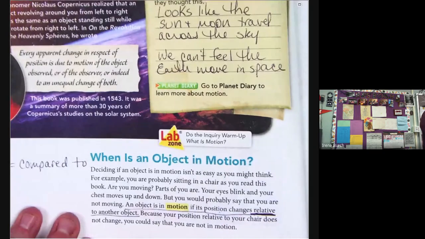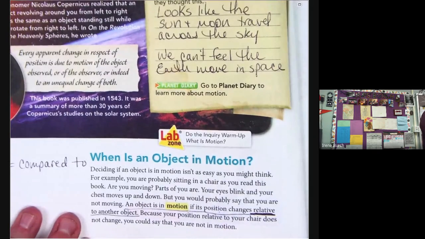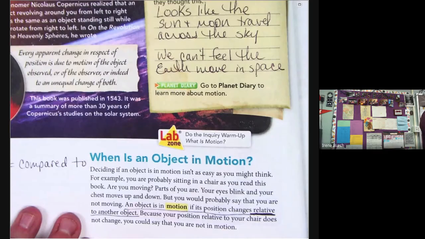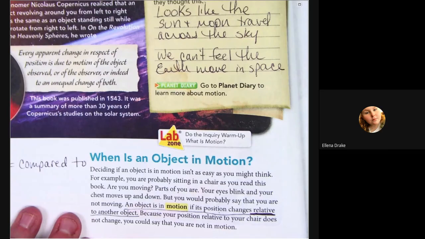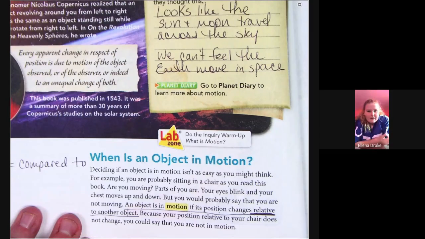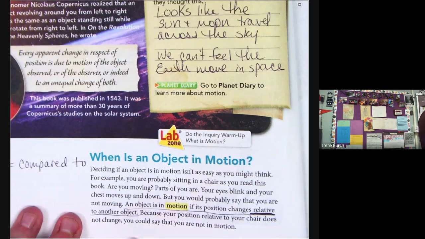Ellie, what were you going to say? I was going to say maybe the same object or something like it. Or like the same as something? Kind of.